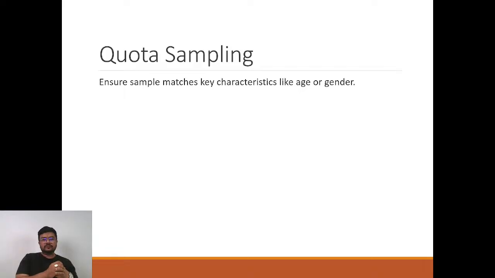And I need to get opinions for my sample, and I need to reach out to various people. So, what do you think? Should I ask for the feedback from old people, maybe in their 60s and 70s, or from the children who are under the age of 15? Exactly, the children below the age of 15.